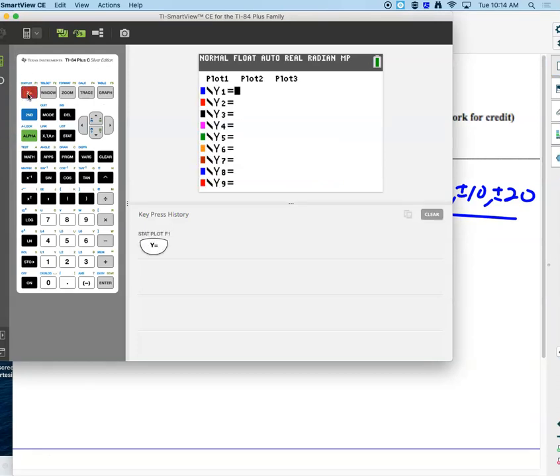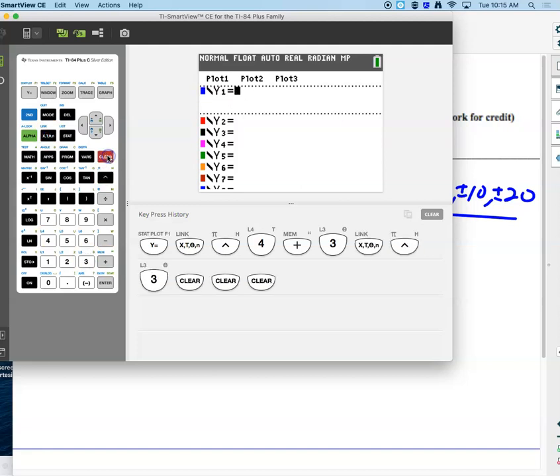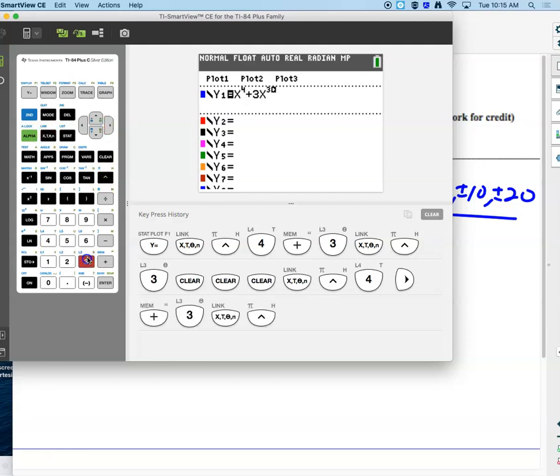Y equals x to the 4th plus 3x to the 3rd. Oh, I did it again. I always forget I have to use my arrow key to get out. My older calculator doesn't make me do that. There.